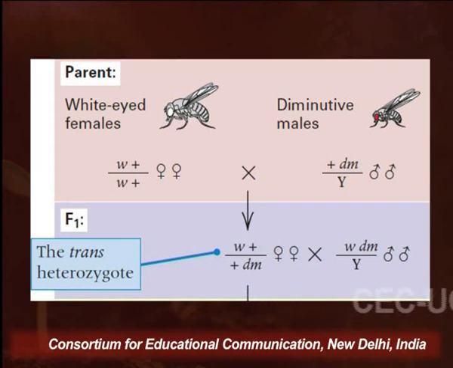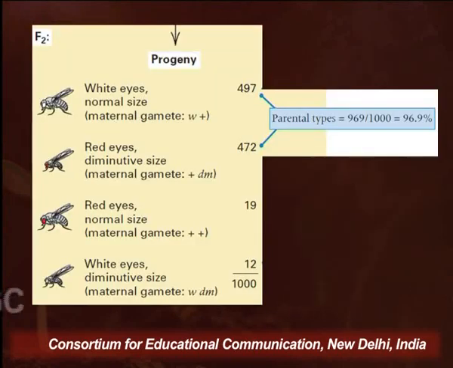When a test cross is made, we find that the progeny quantitatively give us results which are again interesting. Out of 1,000 progeny, the parental types are to the tune of 96.9%.